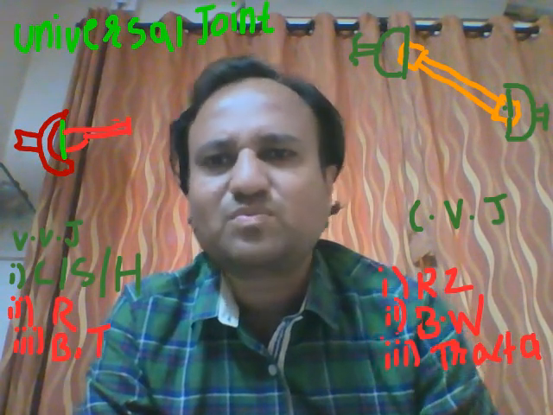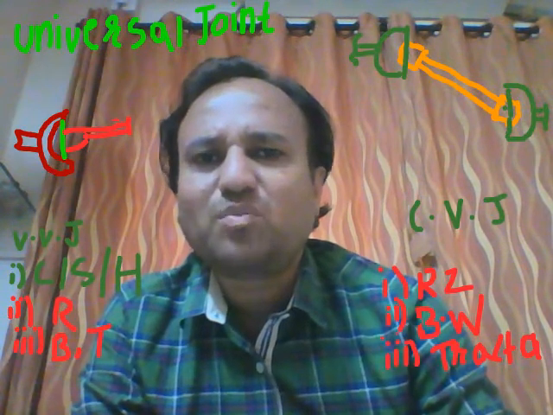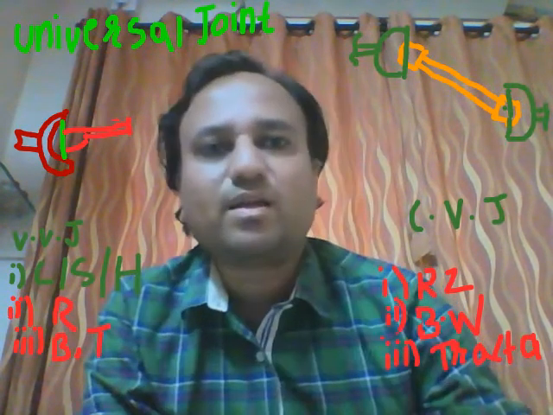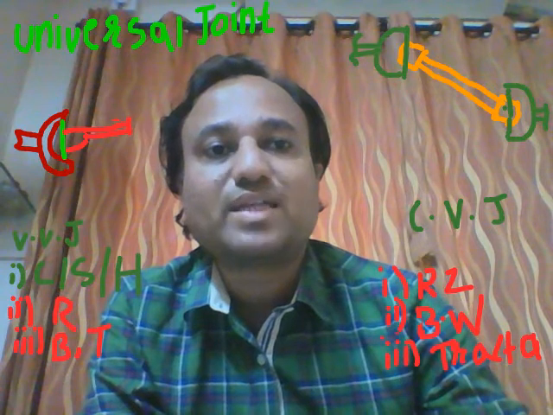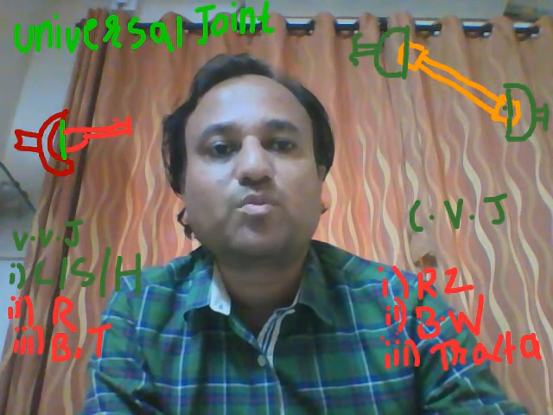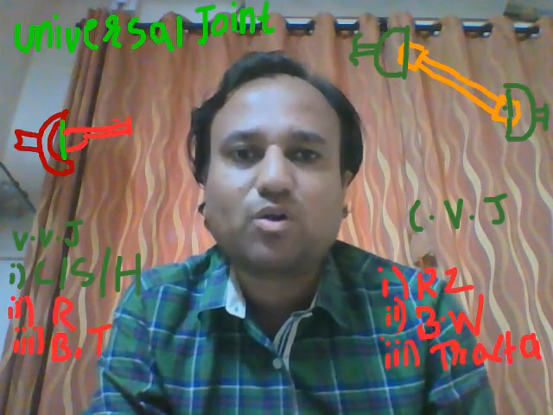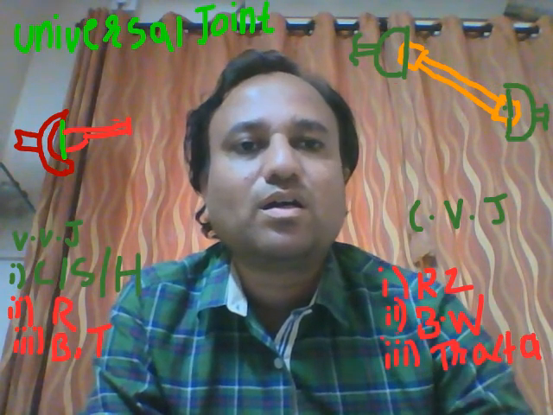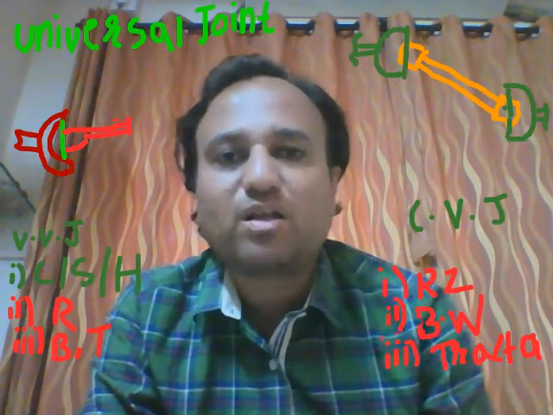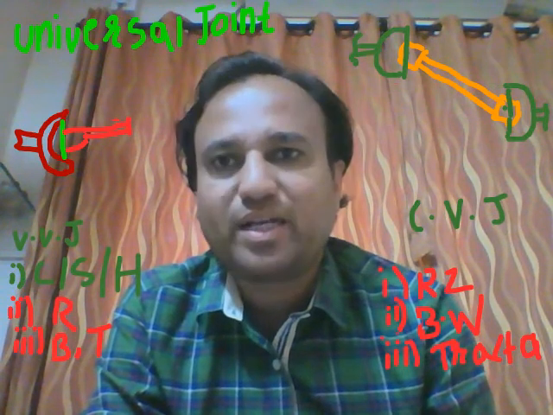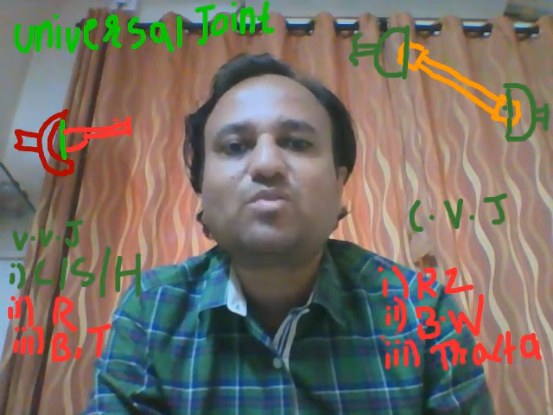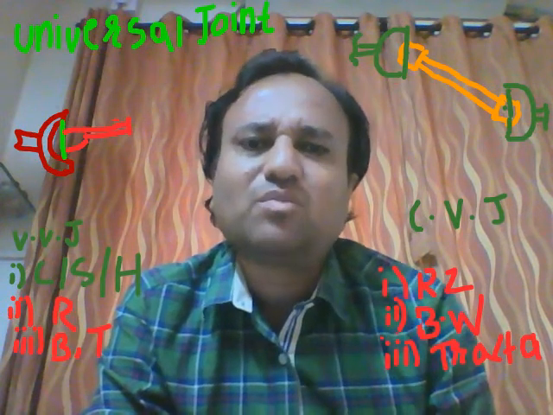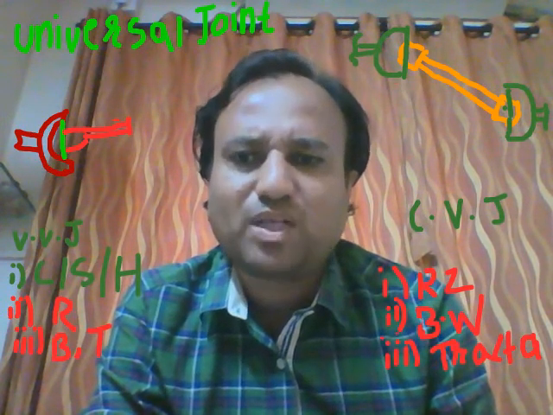Student, the function of the universal joint. It gives flexibility to the propeller shaft, that is, some angular flexibility will be provided to the transmitting shaft, because it is one type of flexible coupling. Universal joint is nothing but a type of flexible coupling.